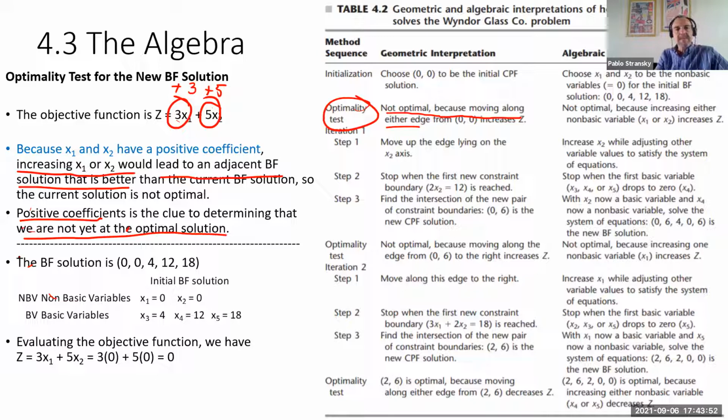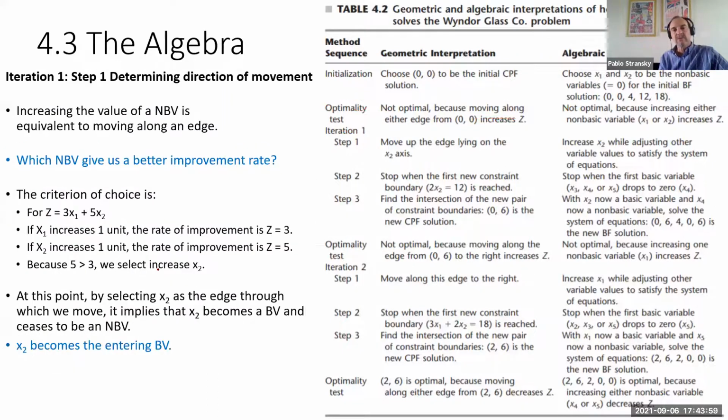Okay, let's go now to iteration number 1, step 1. Which direction should we go? This step is quite similar to the geometric solution. Here we have z equals 3x1 plus 5x2. If we increase x1 by 1 unit, our rate of improvement will be z equals 3.